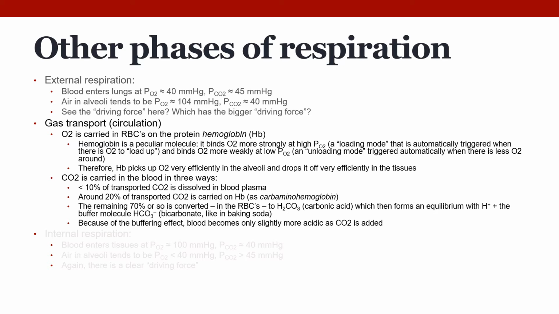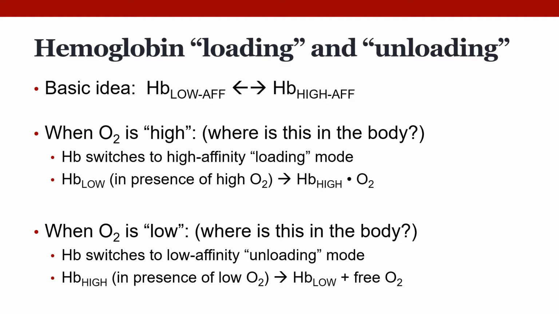So we need another way to carry oxygen. And the way that our body has developed is hemoglobin. If you remember from our unit on blood, there are 2 alpha and 2 beta protein chains that come together to make one hemoglobin molecule.